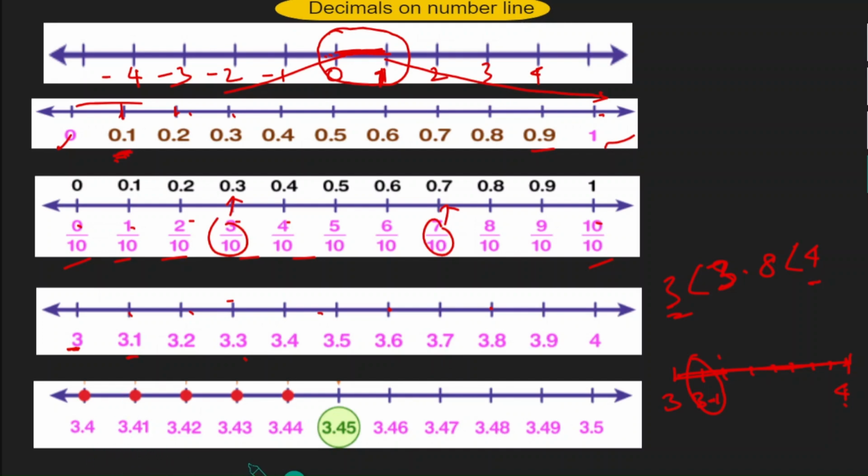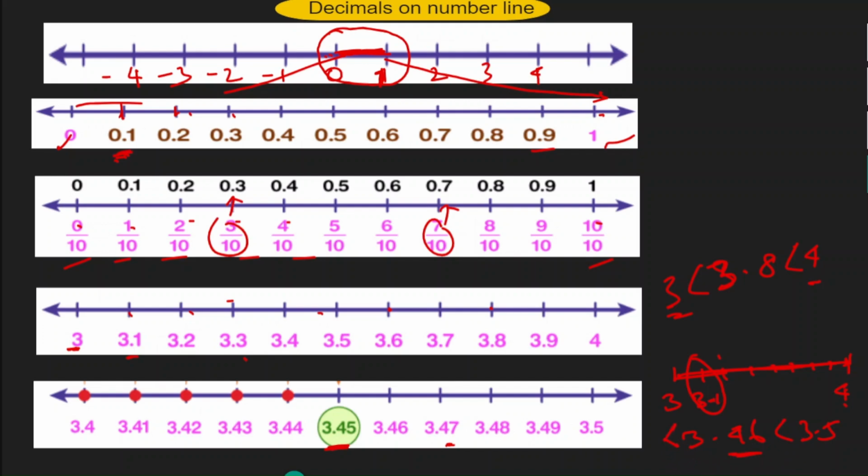Further, we have seen that if the number has two decimal places, like 3.46, you should realize where 3.46 will fall. If we round it off to one decimal place, it will be 3.5. So it is less than 3.5 but more than 3.4.